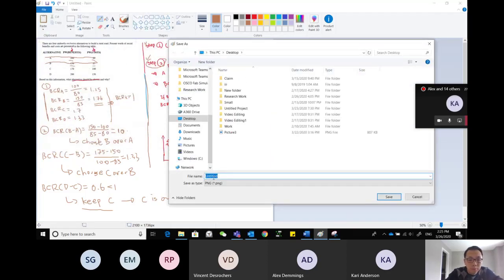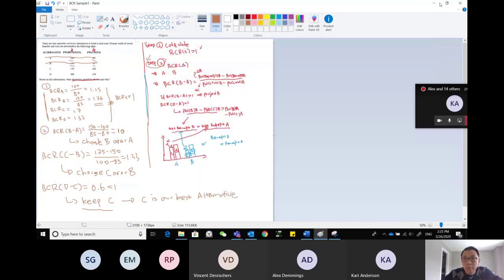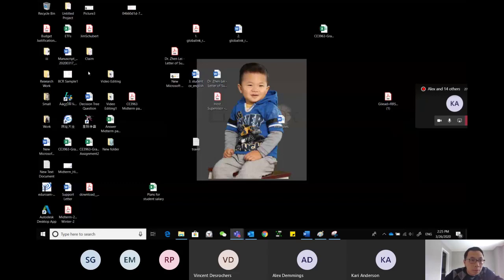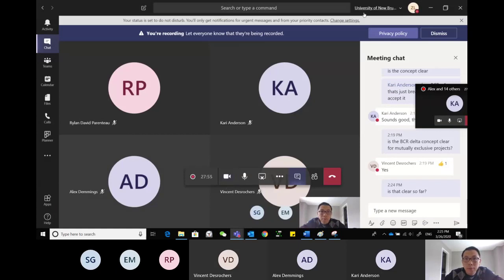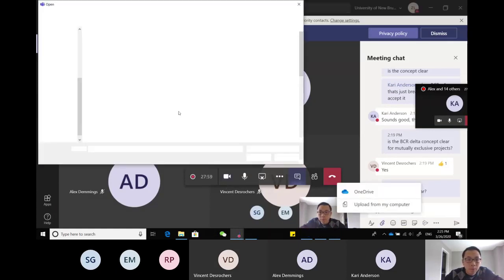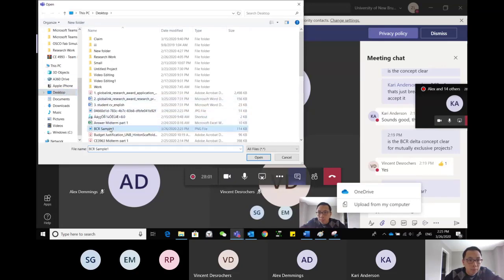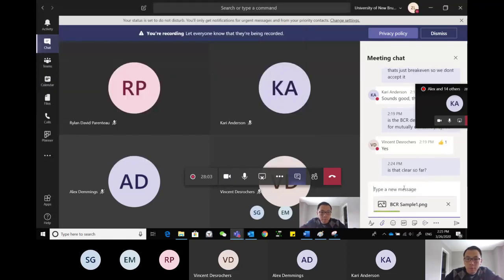So I call it benefits cost analysis sample 1. Okay, so it should be somewhere here. So is the concept clear so far? Any feedback?